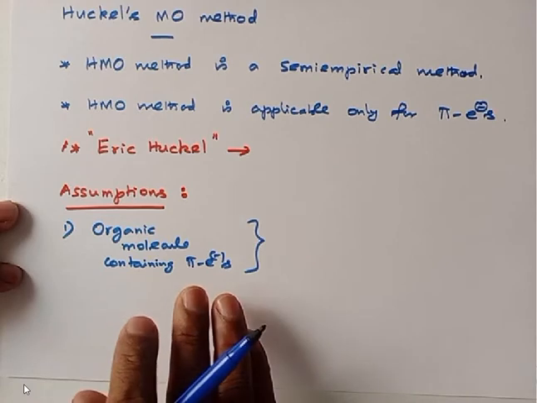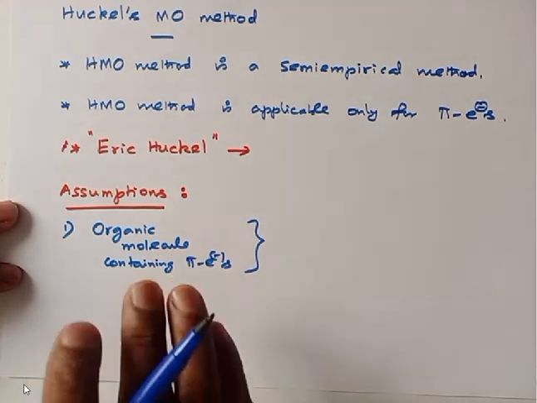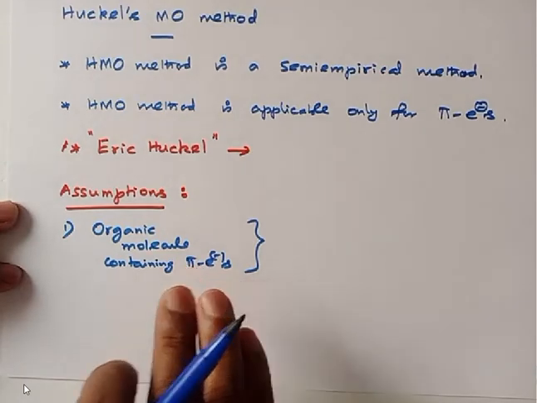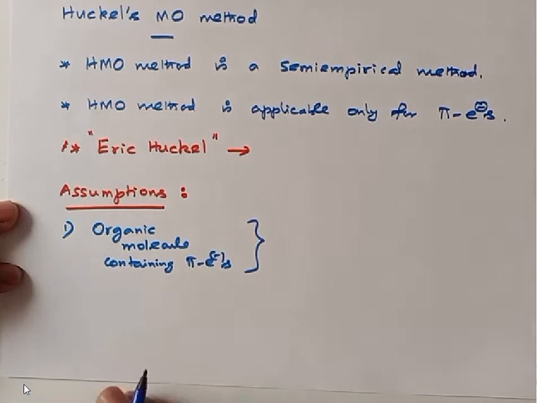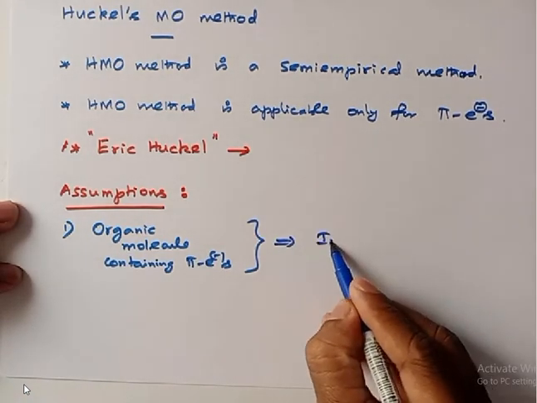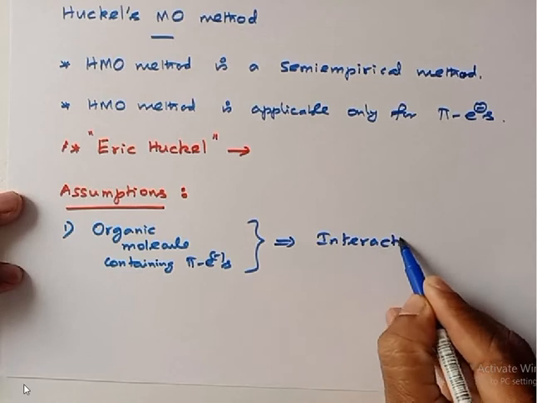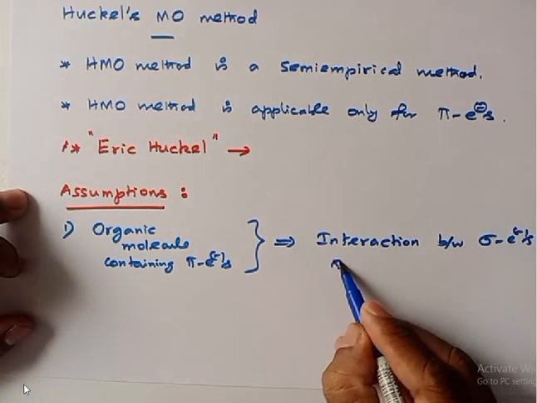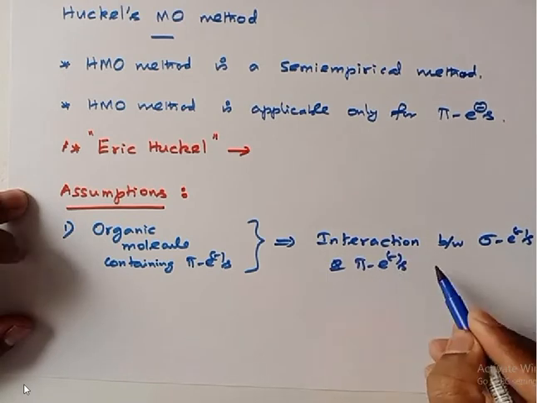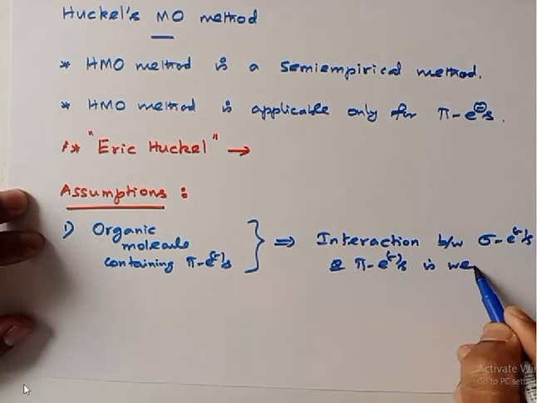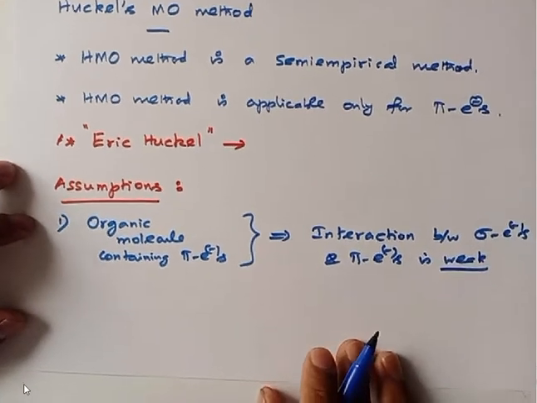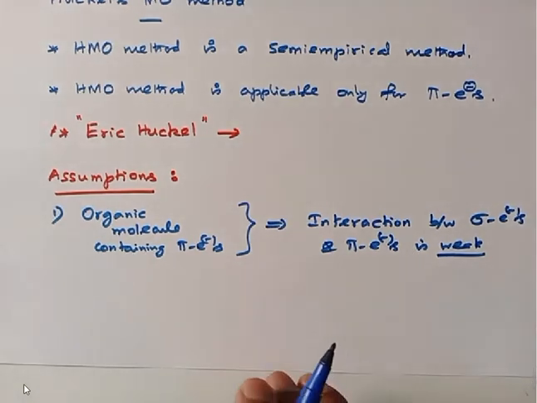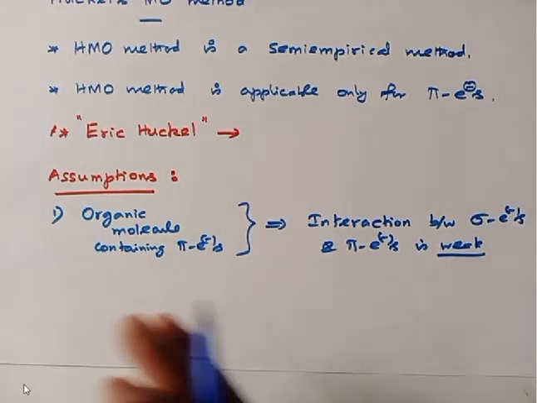Huckel assumed that the interaction between sigma electrons and pi electrons in a molecule is generally weak. Since the interaction is weak, you can separate the sigma electrons and pi electrons and treat them separately.